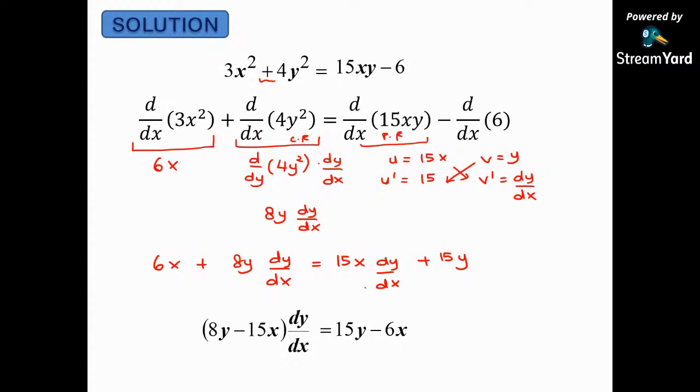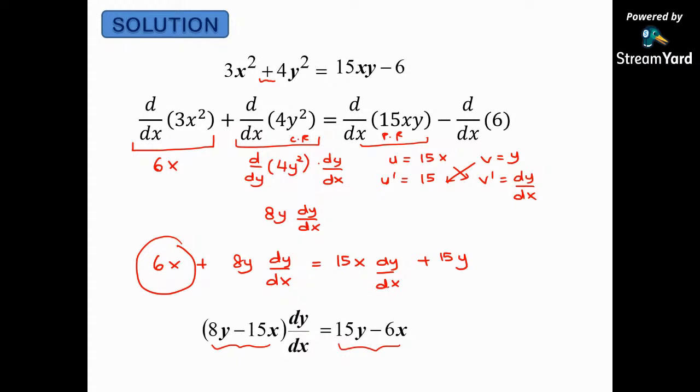Okay, so now what happens next is that you're going to bring dy over dx to the left hand side. So that is how you end up with 8y minus 15x dy over dx. The term without dy over dx, for example this one, you should bring to the right hand side. So that is how you end up with 15y minus 6x.